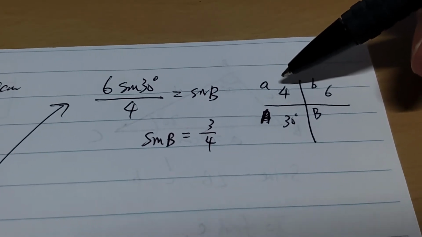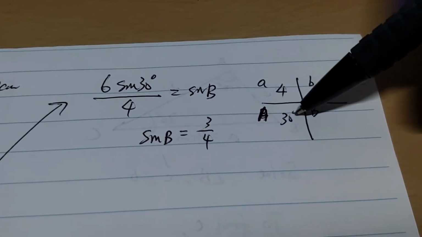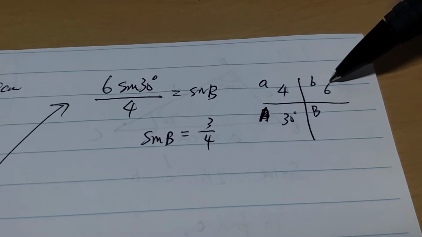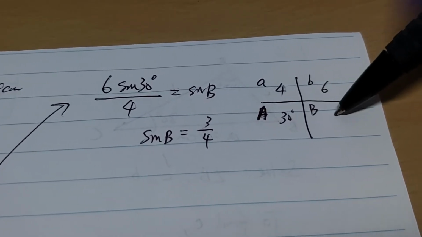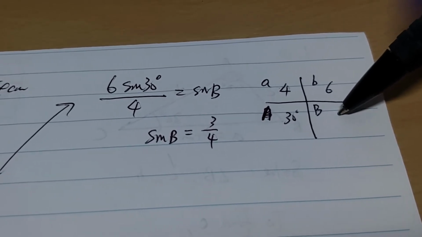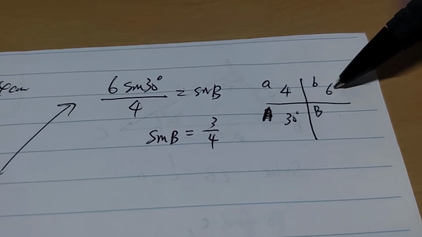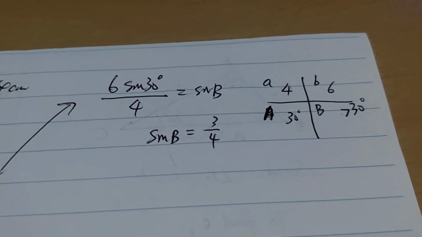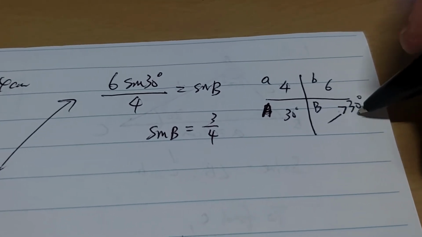According to the question, side a is 4, angle A is 30 degrees. Side b is 6, longer than 4, so this angle must be bigger than 30 degrees. Keep in mind that the answer should be greater than 30 degrees.